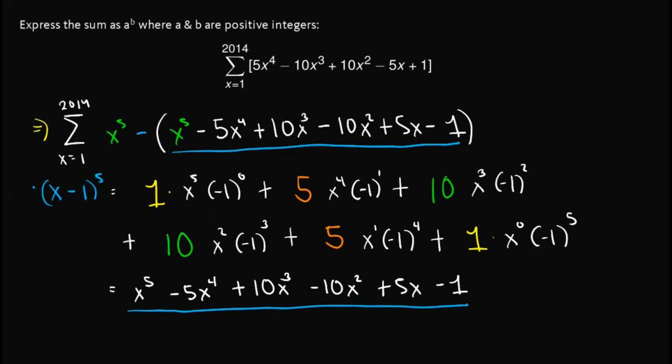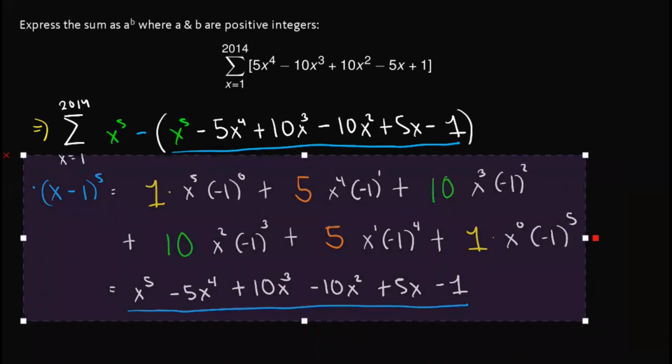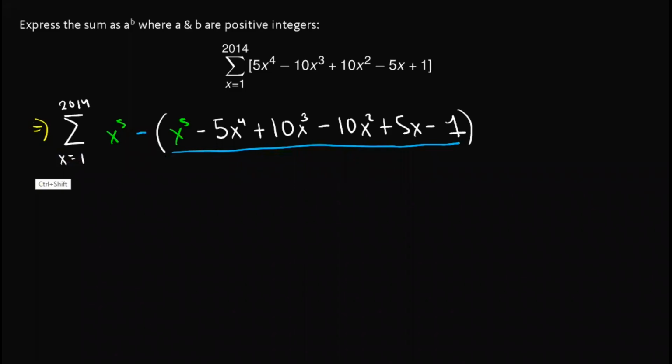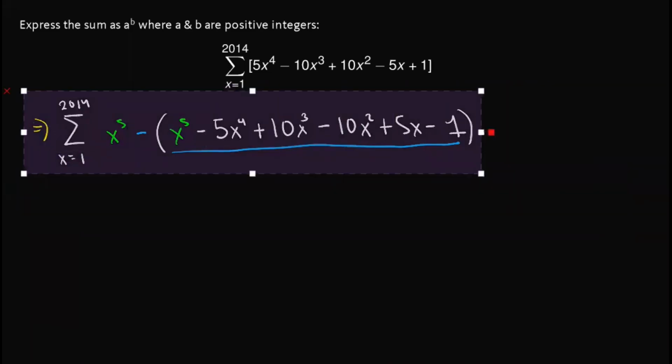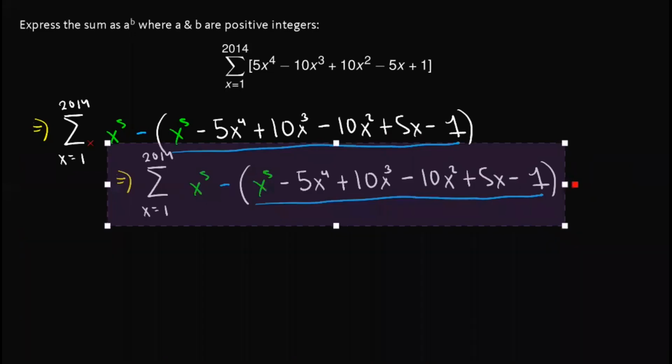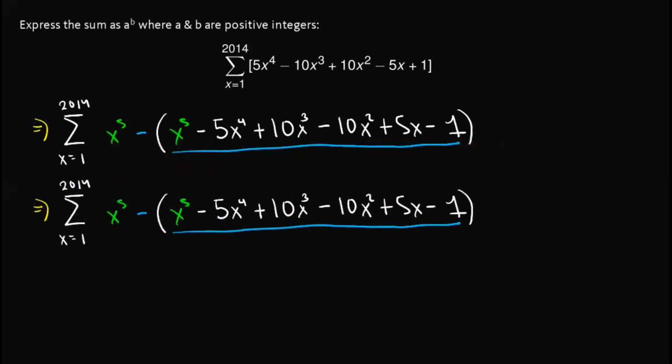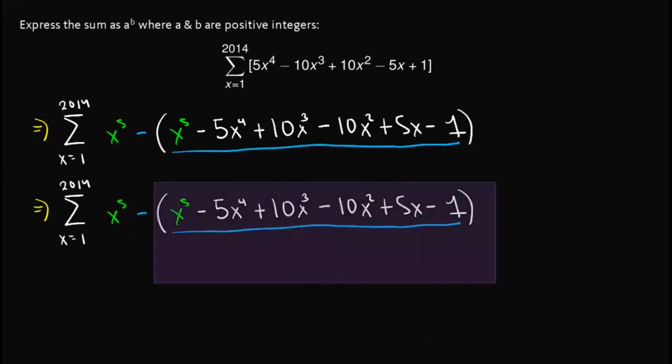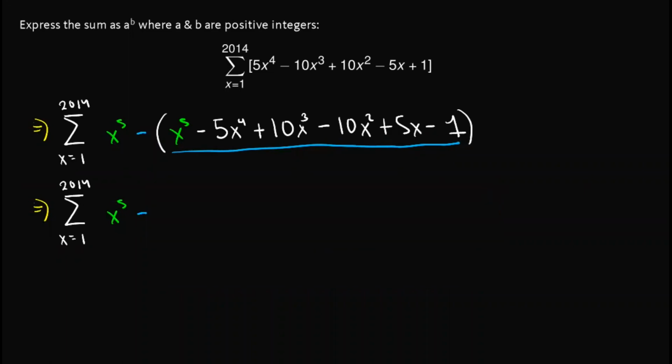So our claim is true that this expression above is actually equal to x minus 1 raised to 5. And so we can write this whole thing as simply x minus 1 raised to 5.